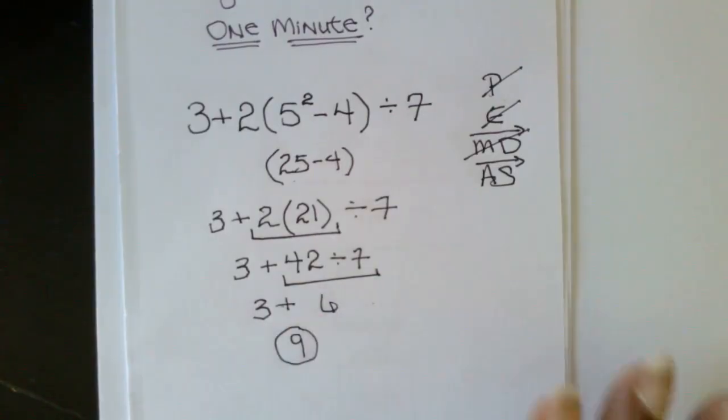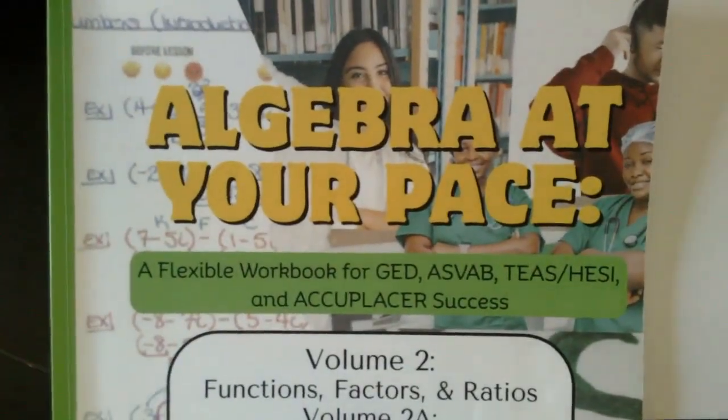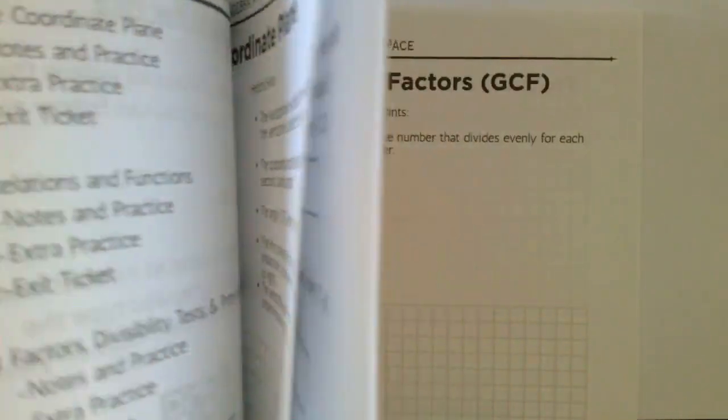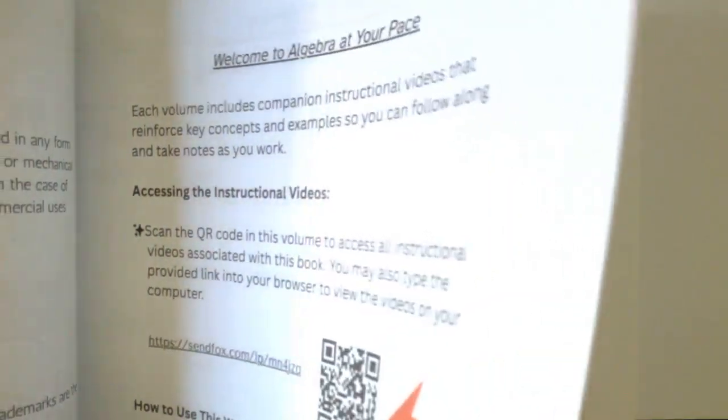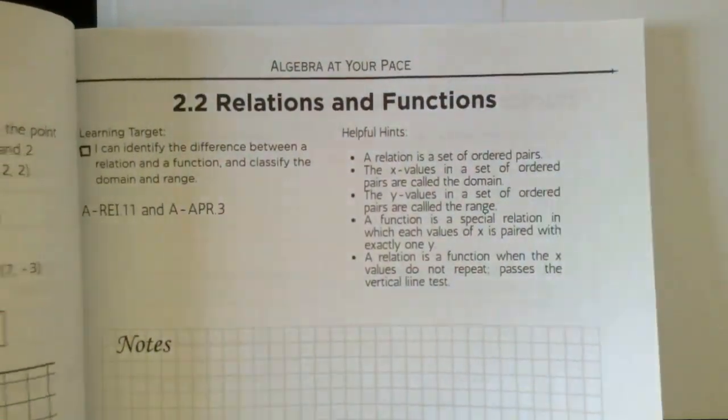All of these concepts you can find in my books. It's called Algebra at Your Pace. It's not just a regular workbook. It's a guidance type of thing. You get a QR code, and it gives you the playlist of all the concepts that you're going to see.